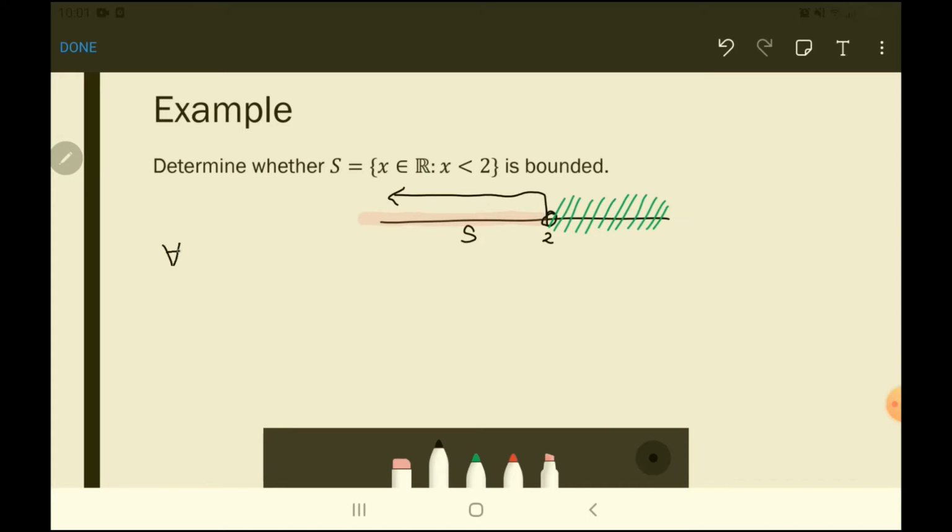For all x element of S, you know that x is less than 2.